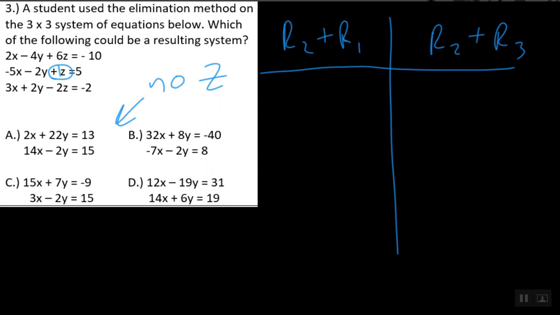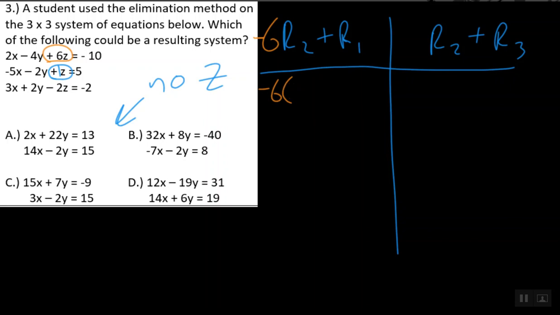Now from here the question becomes, okay, how in the world do I get rid of this plus 6z? What is the opposite of positive 6z? And clearly it is negative 6z. So I want to multiply row 2 by negative 6. Oh, I'm sorry, I put my row 2 first.